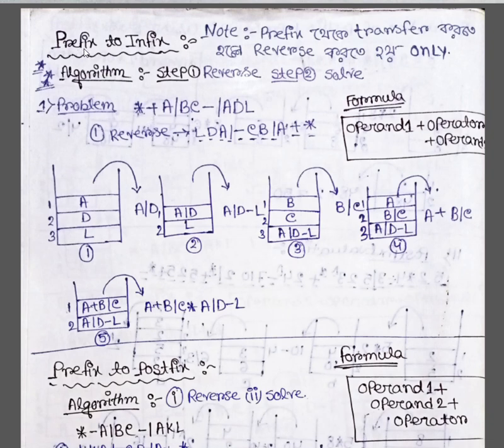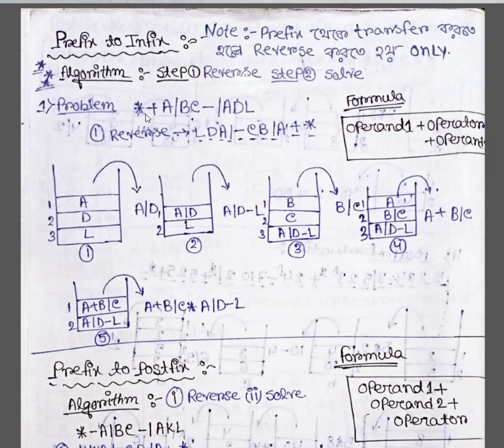Some questions often come up asking you to transform a prefix expression into infix form. Infix means when the operator is in the middle of the operands. Here the operands are A, B, and C, and the operators are the multiplication operator, addition operator, division operator, and here the subtraction operator.